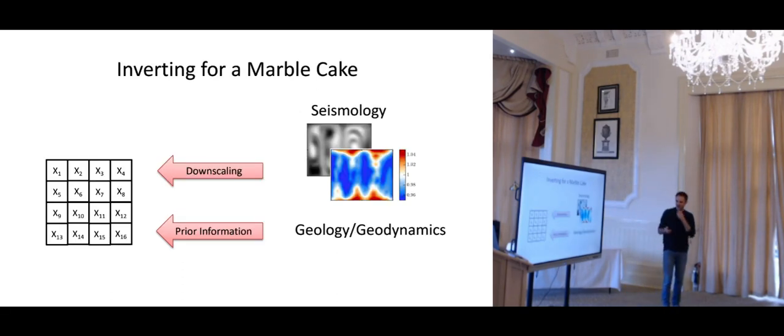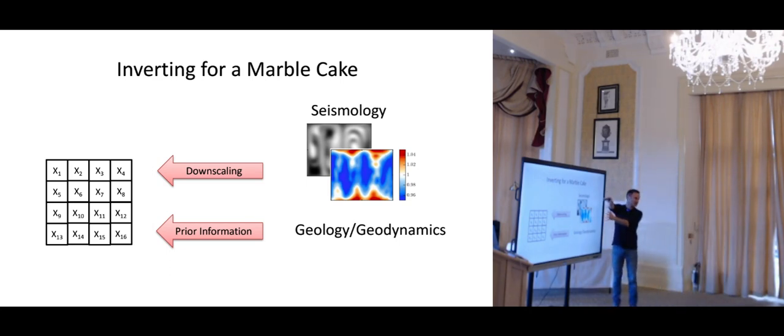So, to summarize the problem that I'd like to talk about: we have seismology, we have large scales. We want to downscale it to find a model here on the left that is going to be small scale. But because we want small scales, we don't have enough information. So we want to include information from geology or from geodynamics.